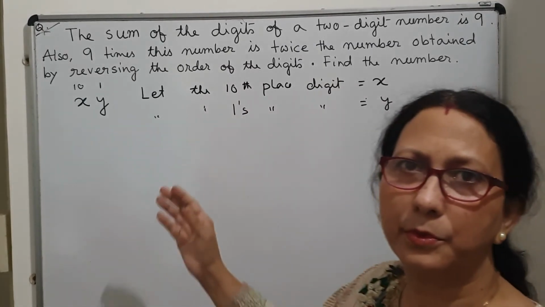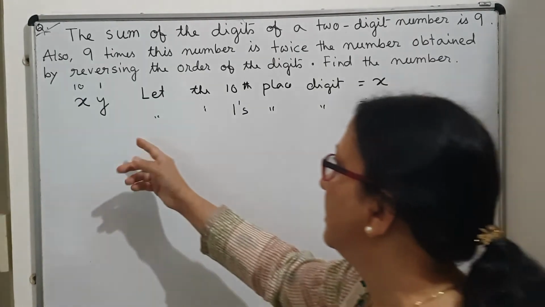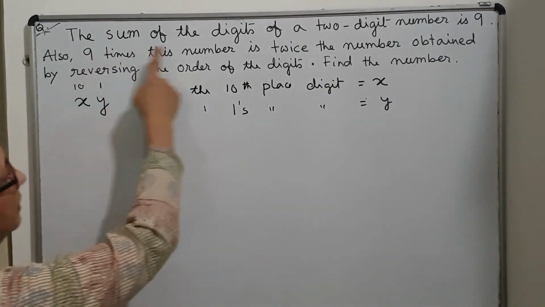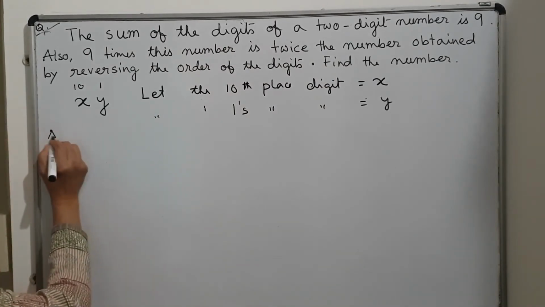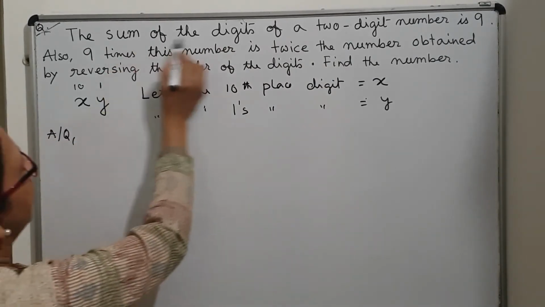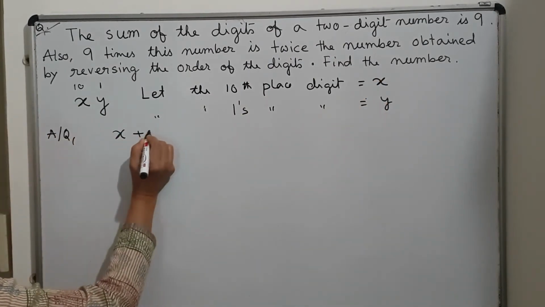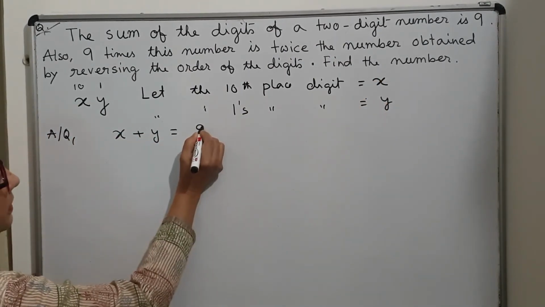So this we have to take as our variables. Then I can write the equations following the question. So according to the question, first condition, sum of the digits. So these are the digits. So sum of the digits is equal to 9.